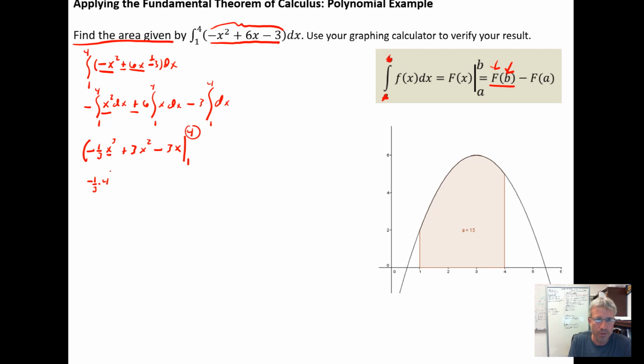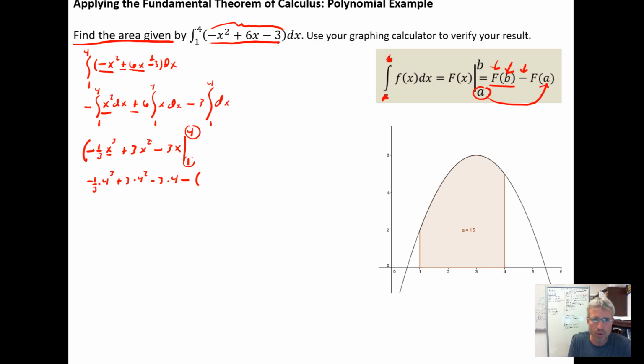So negative 1/3 times 4 cubed plus 3 times 4 squared minus 3 times 4. And then we go minus, and I need to put a parenthesis so that I'm sure to distribute my minus sign into what comes next. And what comes next needs to be my lower bound of integration input into my antiderivative.